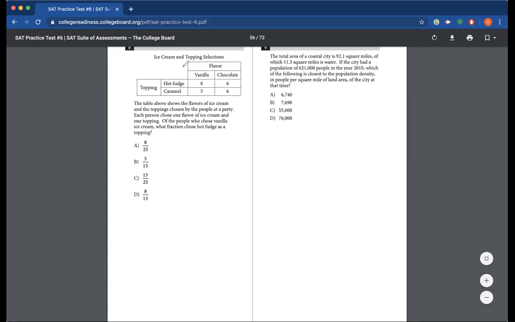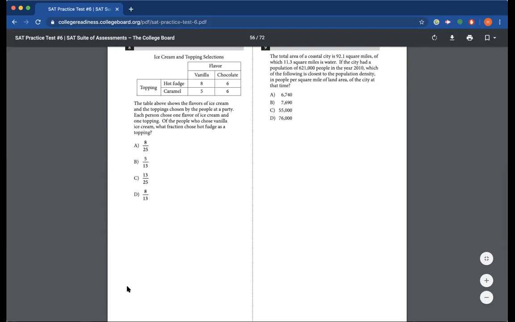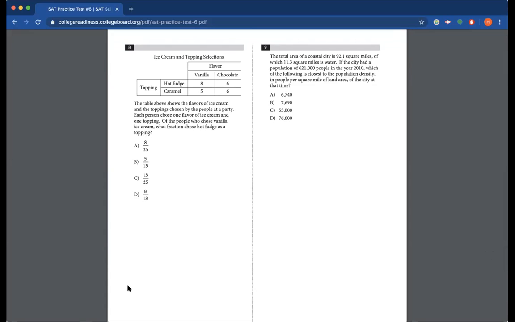The table above shows flavors of ice cream, not vanilla ice cream. Flavors of ice cream and the toppings. Oh God. Give me a second.